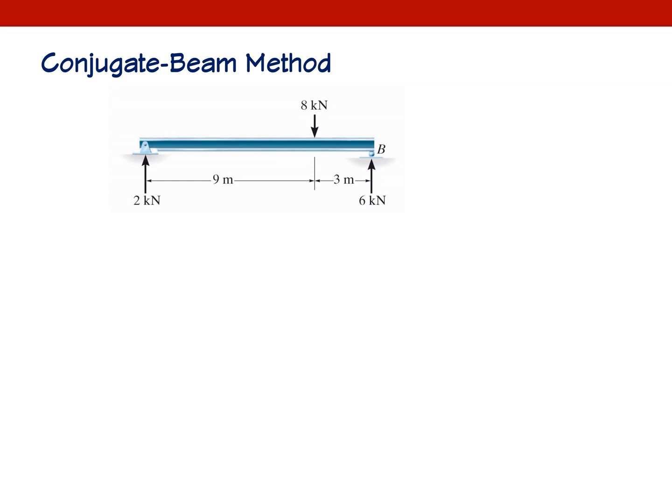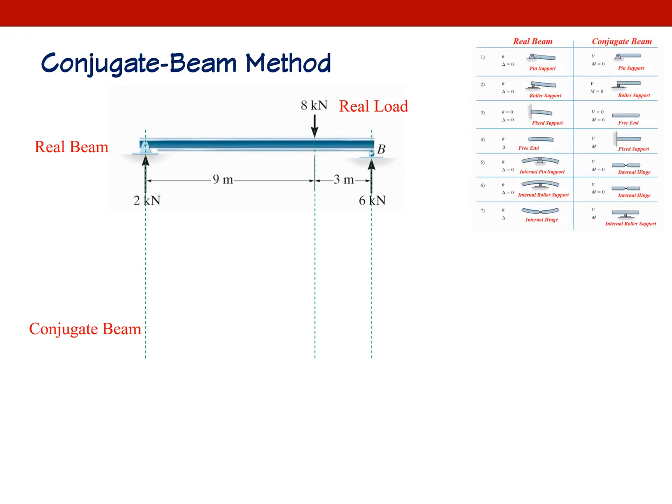Okay, and we are going to convert the real beam to the conjugate beam using this table, which must be in your mind by memorizing it. Okay, let's switch the support condition. Pin will be pin, roller will be roller.